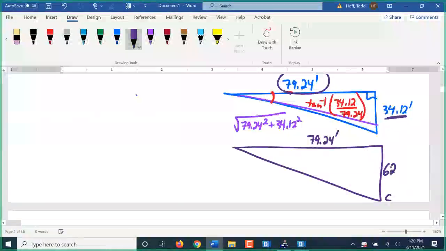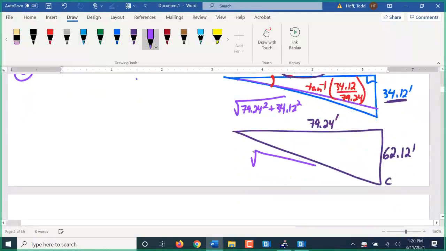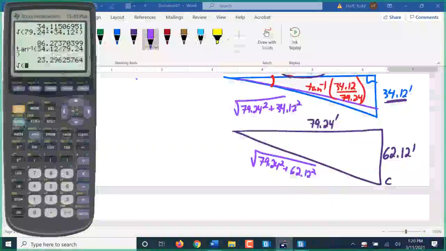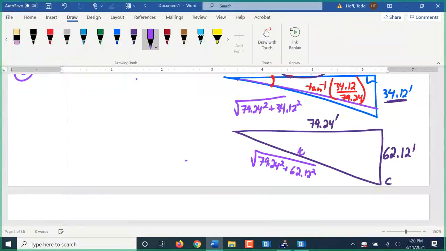This will be 62.12 feet. So for corner C, this distance, once again, is going to be the square root of 79.24 squared plus 62.12 squared. That's 100.69 feet.